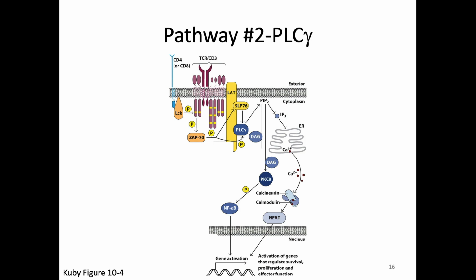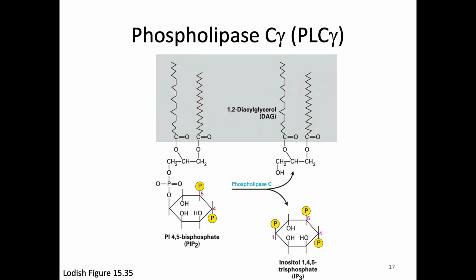One thing that will really help us in thinking about PLC gamma is thinking about what the letters PLC stand for. So PLC, well really PL. PL stands for phospholipase. So you can see phospholipase here, and that's the PL in PLC gamma.